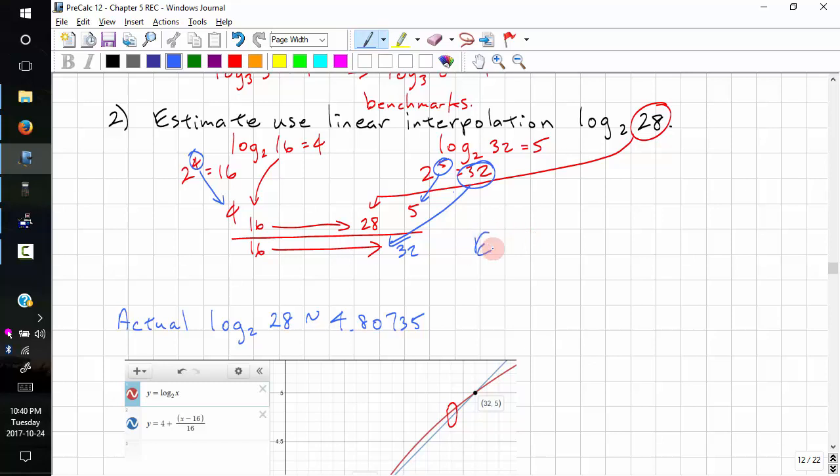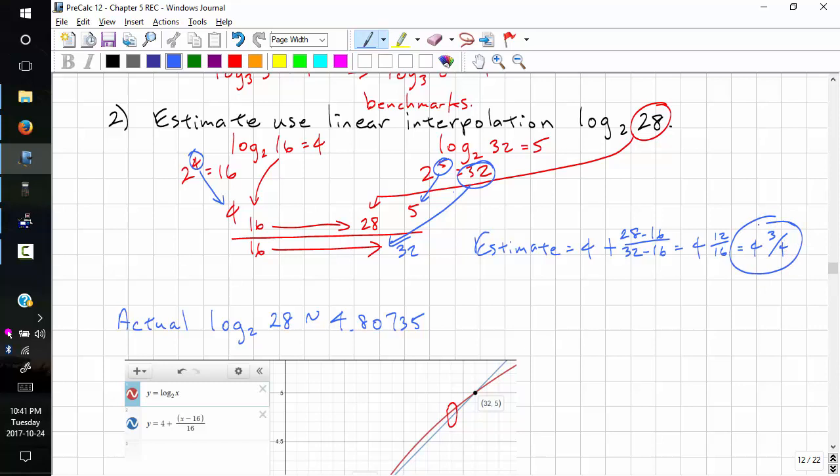So our estimate is 4 plus 28 minus 16 over 32 minus 16. This is 4 and 12 over 16, and we need to reduce this. This is 4 and 3 over 4. And this is how we leave the answer.